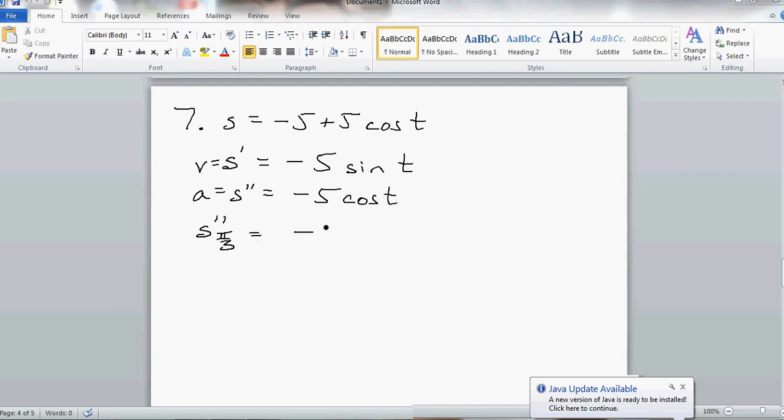So we get negative 5 times the cosine of pi over 3. Cosine of pi over 3 is 1/2, so that would be negative 5/2. Negative 5/2 what? We are told meters and seconds, so negative 5/2 meters per second squared, because we are dealing with acceleration.